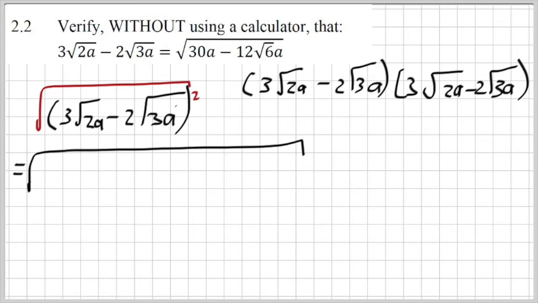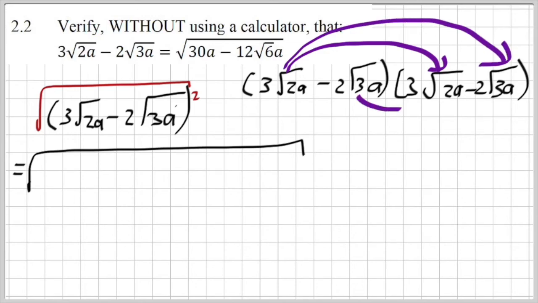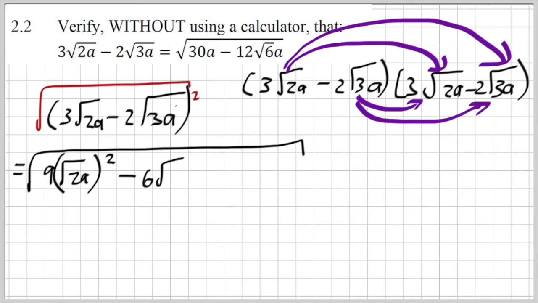So I'm going to one by one multiply that one with that one: the firsts, the outers, the inners, and the lasts. It's amazing how grade 9 mathematics comes into play. So in other words, 3 times 3 is 9, and root 2a times root 2a is root 2a squared.